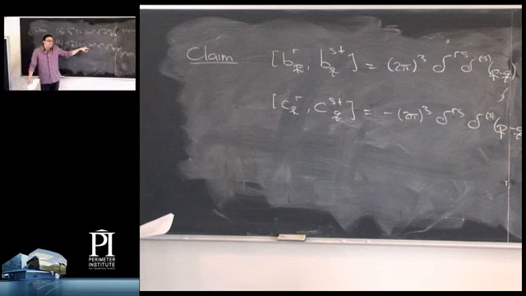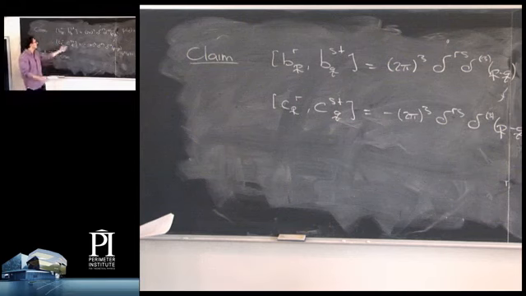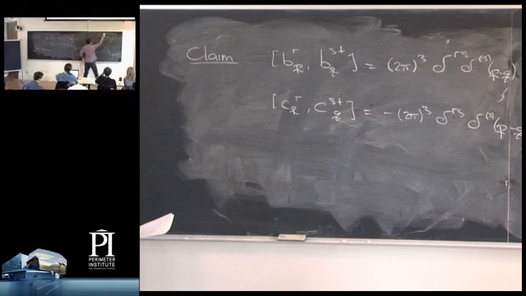Okay? Nothing wrong with it at the moment, but it's different from the B's. And it's different from what we had for the scalar. There's a minus. You might think that's okay, we'll just redefine C. What's the next step?